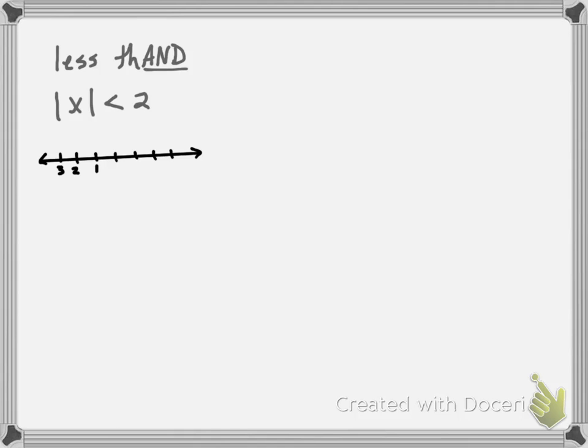Alright, so let me explain why this less than and greater or works. Let's get a very simple example. We've got the absolute value of x is less than 2.